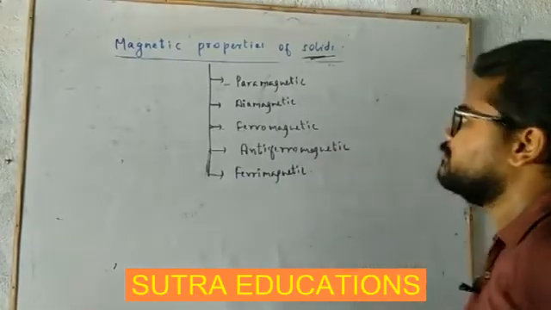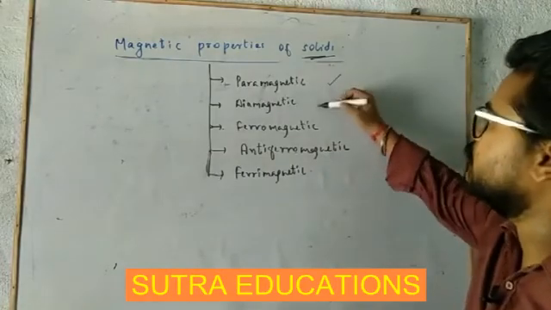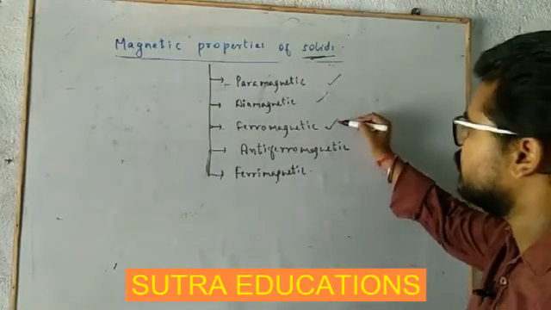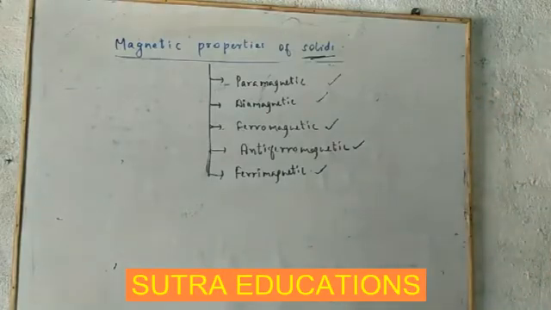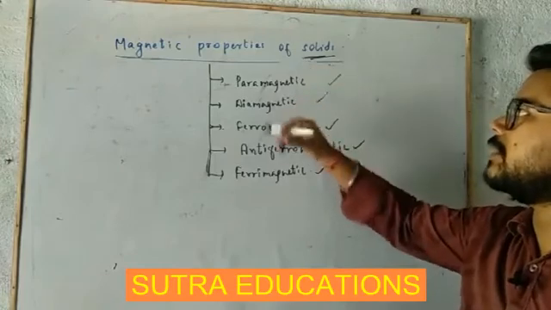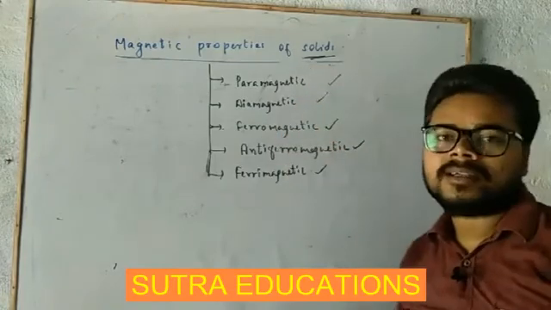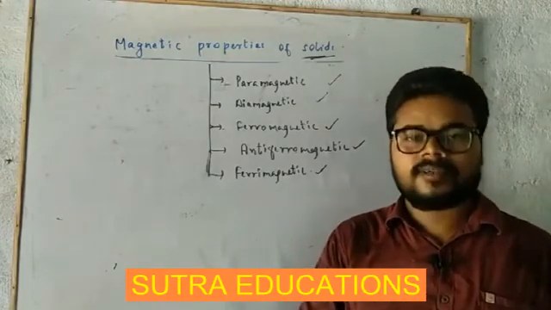So we have to discuss paramagnetic, diamagnetic, ferromagnetic, antiferromagnetic and ferrimagnetic one by one. These are 5 different magnetic properties shown by different solids. So just start with paramagnetic.